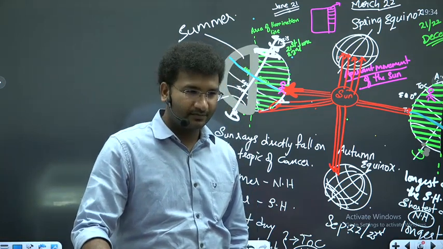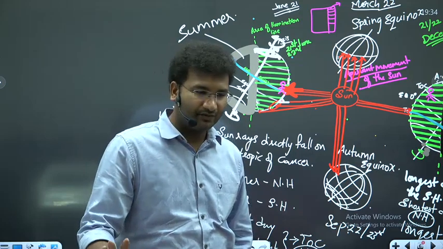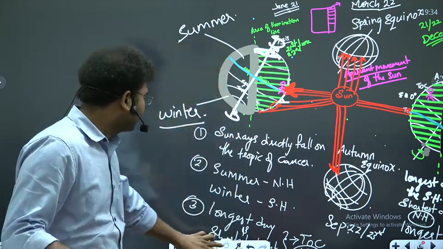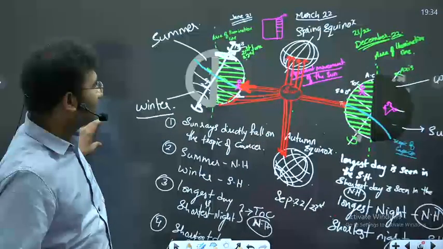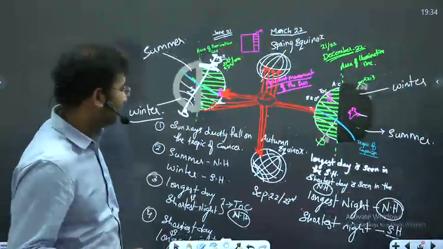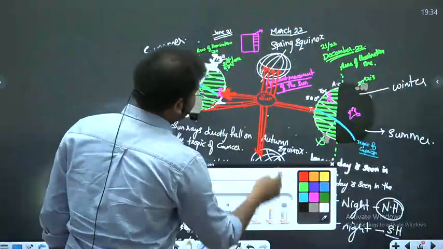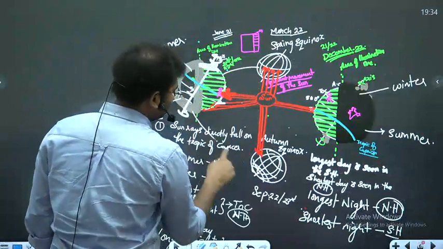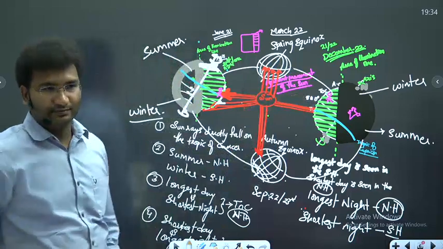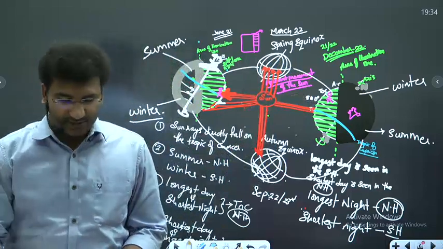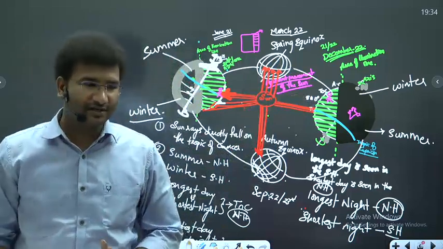Okay? Clear? Full stop. So if you have already taken this diagram, fine. This diagram you can take. If you want to take a photo, you can. Okay? Now this is what your seasons are: rotation and revolution.